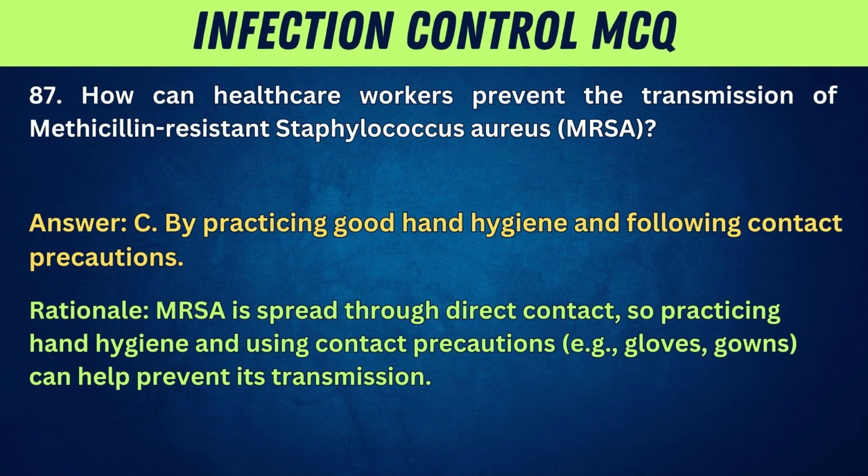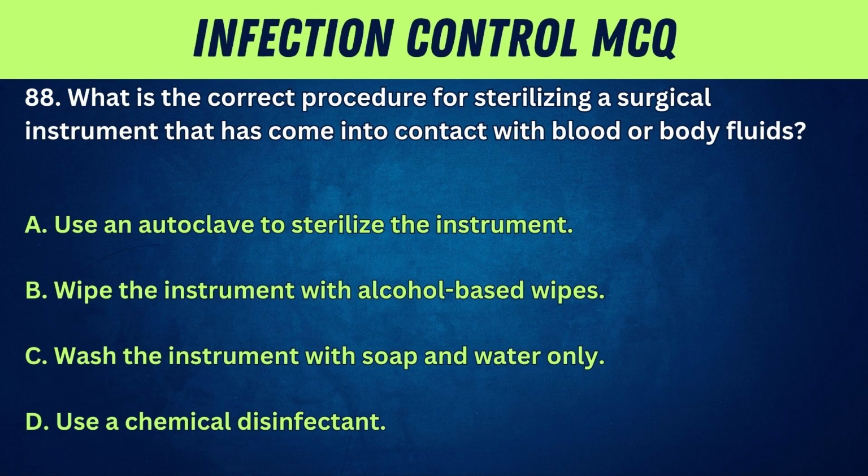Answer. C. By practicing good hand hygiene and following contact precautions. Rationale. MRSA is spread through direct contact, so practicing hand hygiene and using contact precautions, e.g., gloves, gowns, can help prevent its transmission.